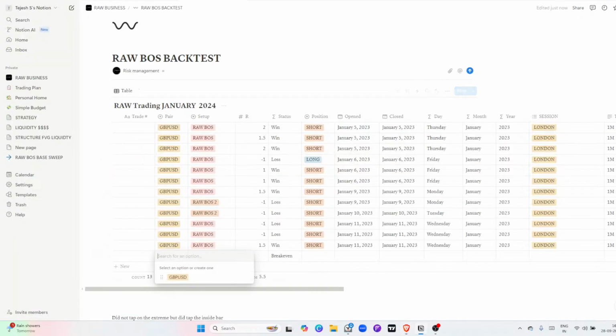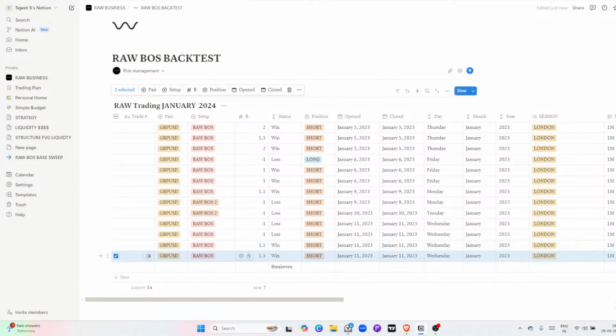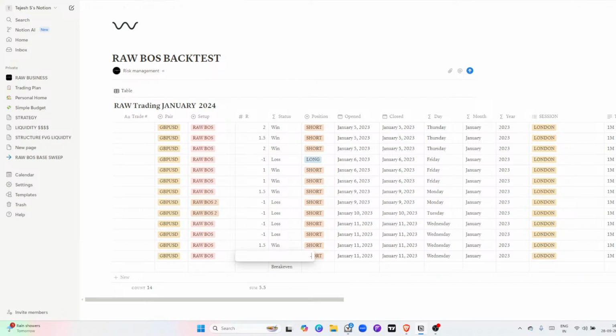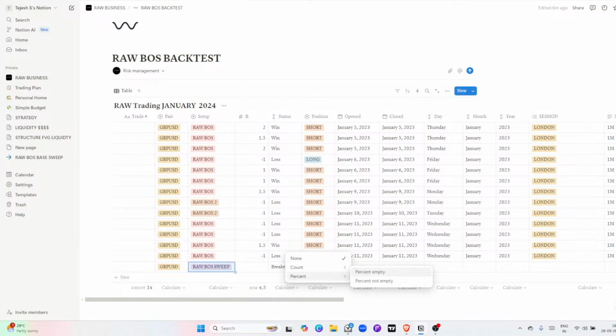So this is one is a minus one. Another would be a sweep, plus one profit.